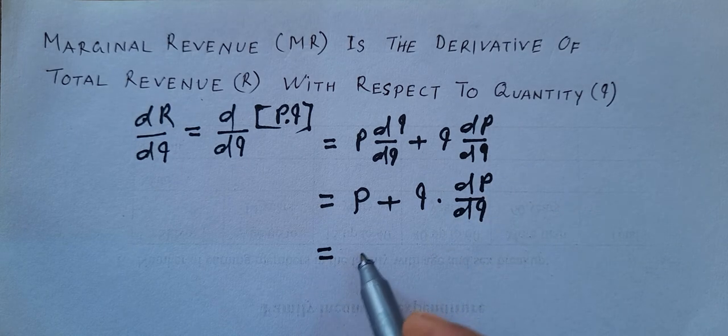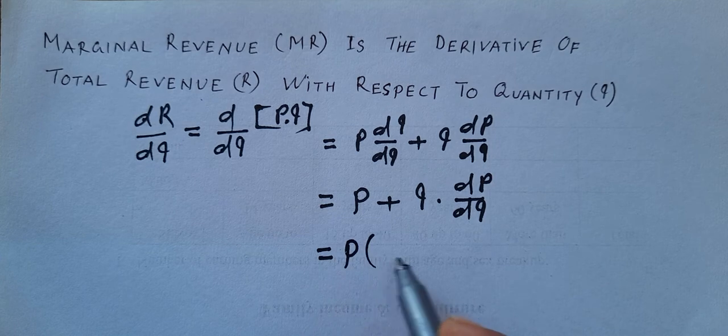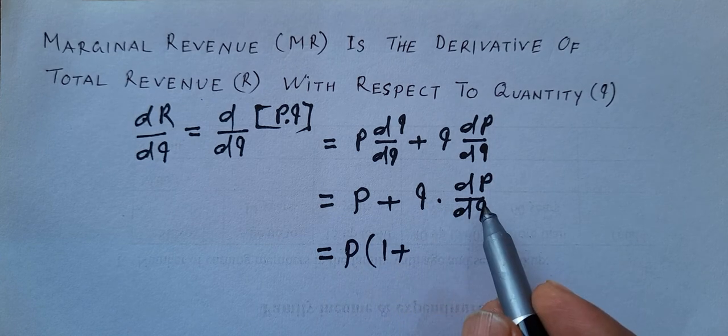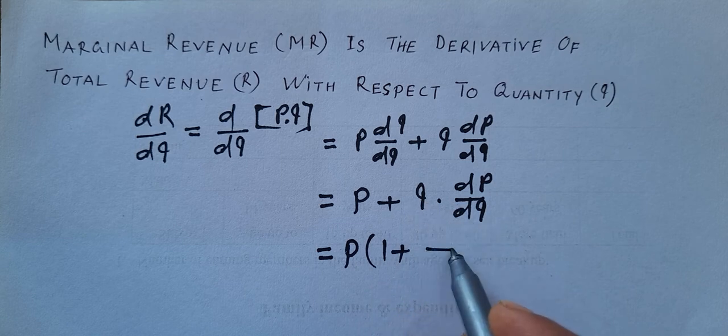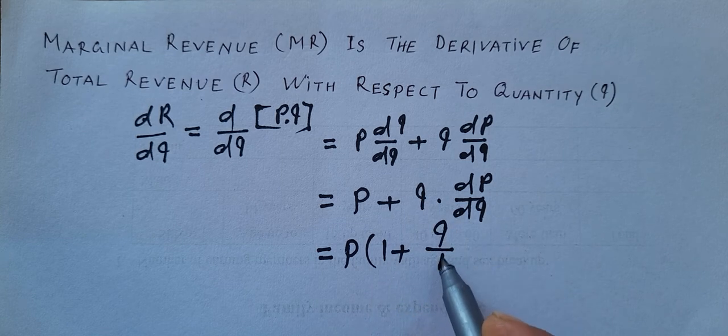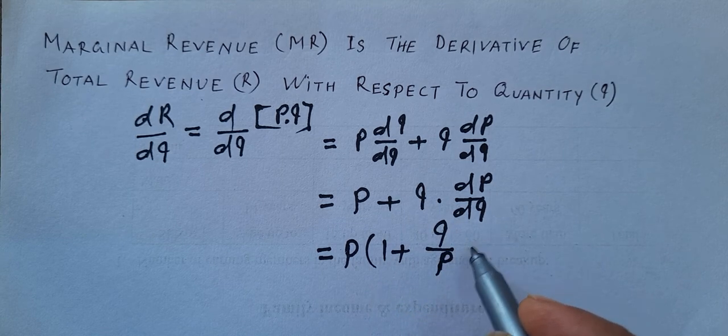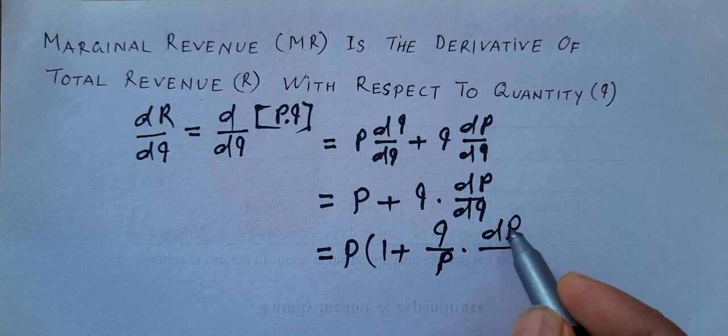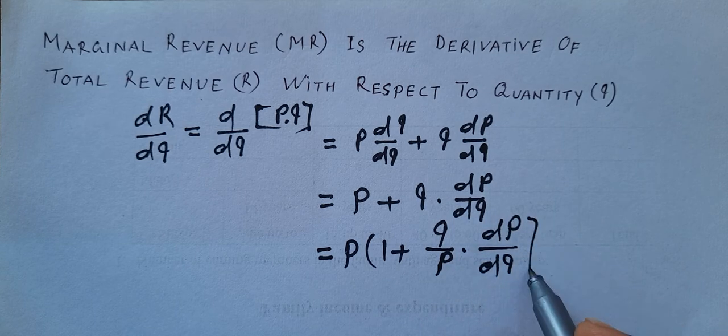Here we take P common, then 1 plus Q divided by P dot dP by dQ.